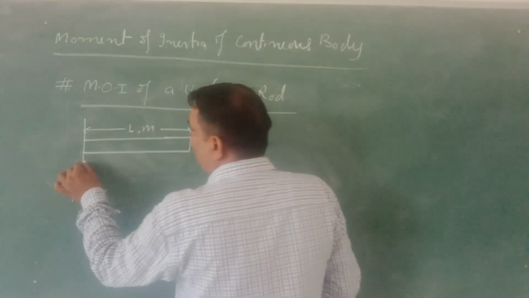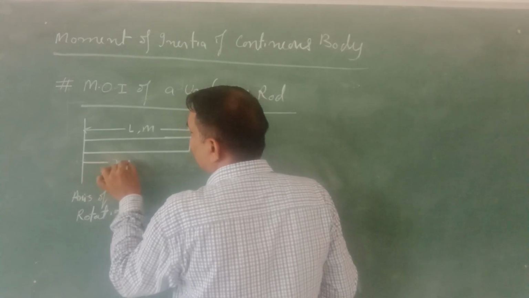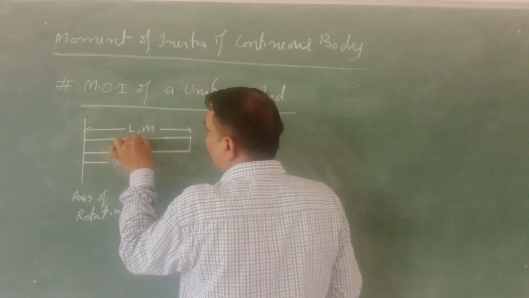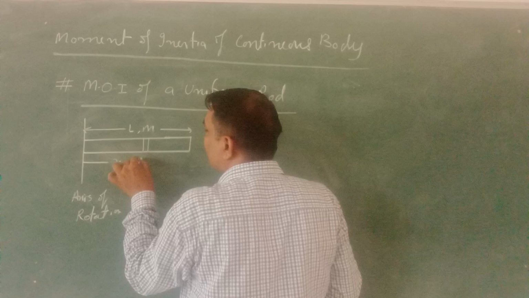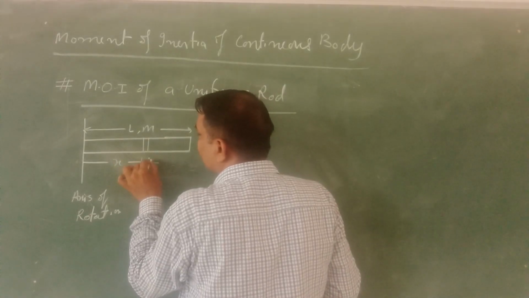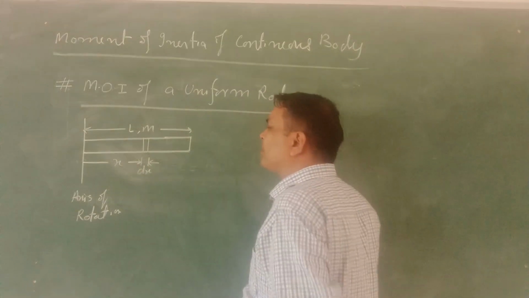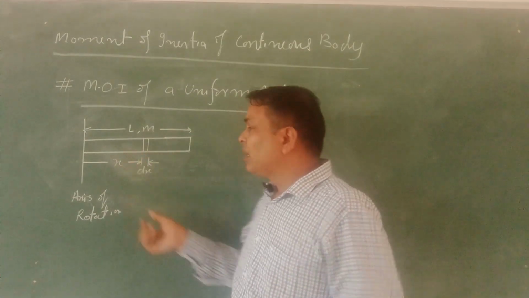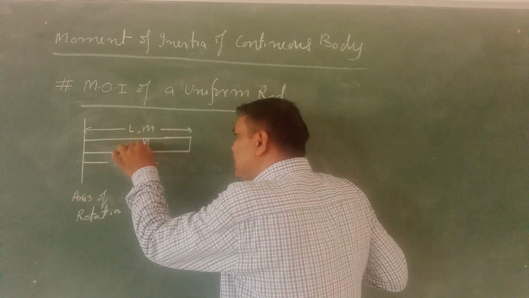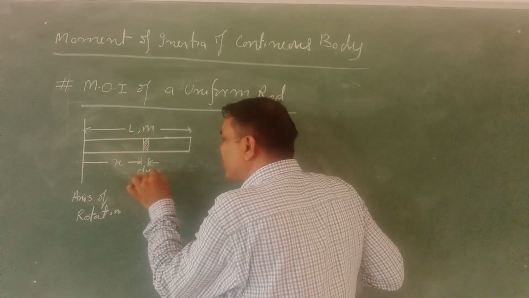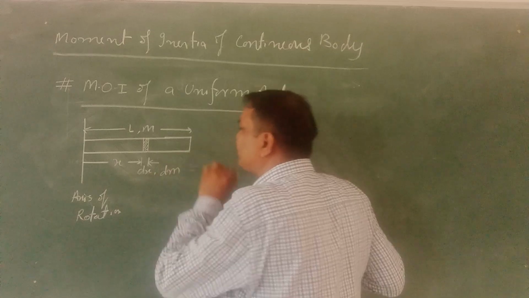At a distance x, we consider a small strip which has length dx, and the mass of the dx strip we consider dm.